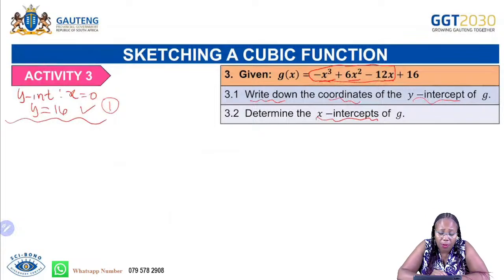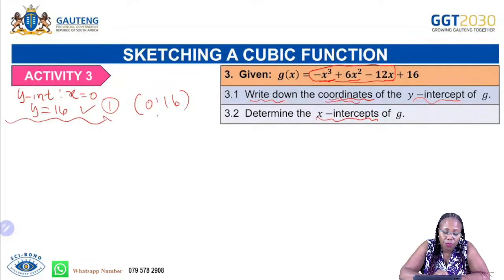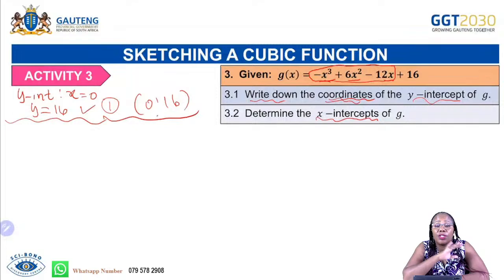Now, for 3.1, they say write it in coordinate form, so it will be (0; 16). I hope you know that. The safest way is to write all your answers in coordinate form, whether the examiner has indicated it or not, so that you get practice answering your question up to that maximum level.